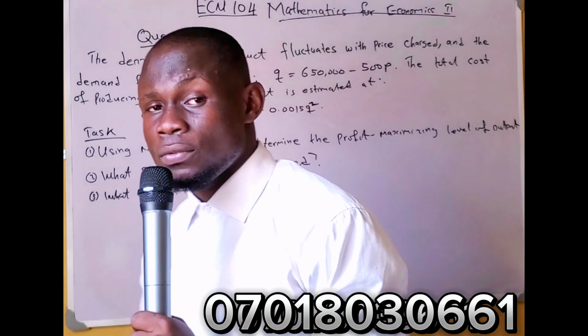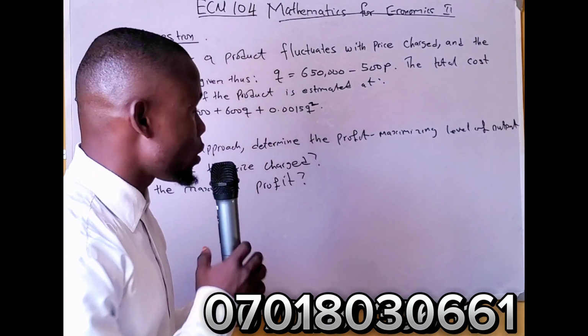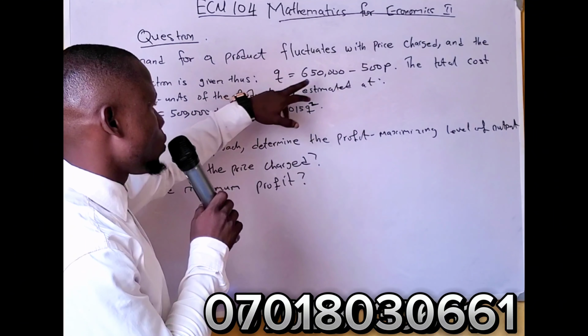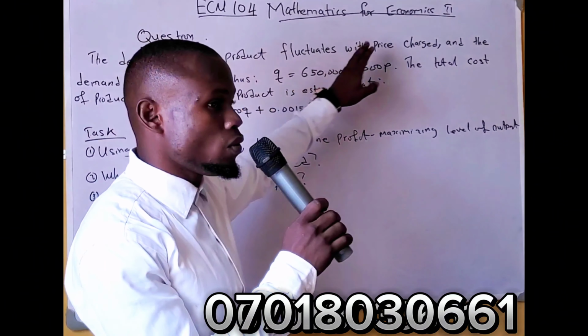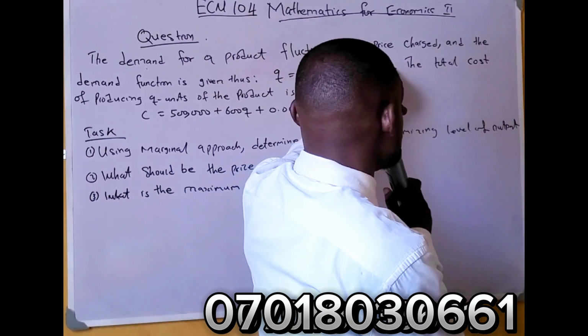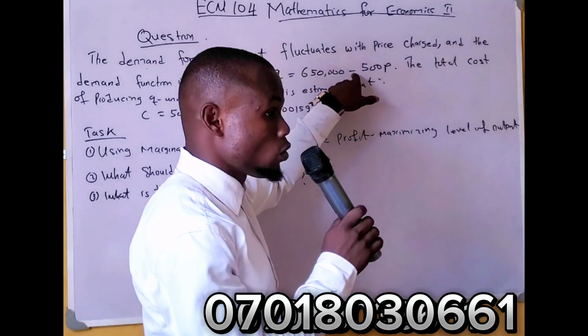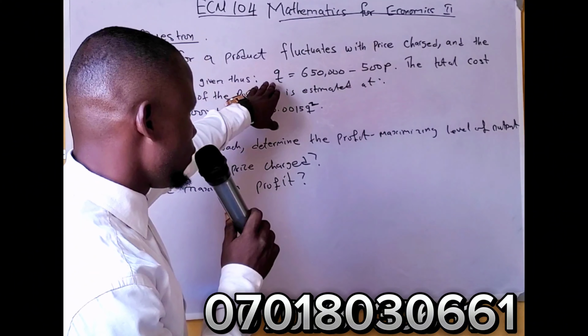Now, when we look at this demand function, they give us the quantity demanded as a function of price in such a way that the quantity demanded is equal to 650,000 minus 500p. That is, the higher the price, definitely, the lower will be the quantity demanded. So since it is negatively sloped, this is a demand function.